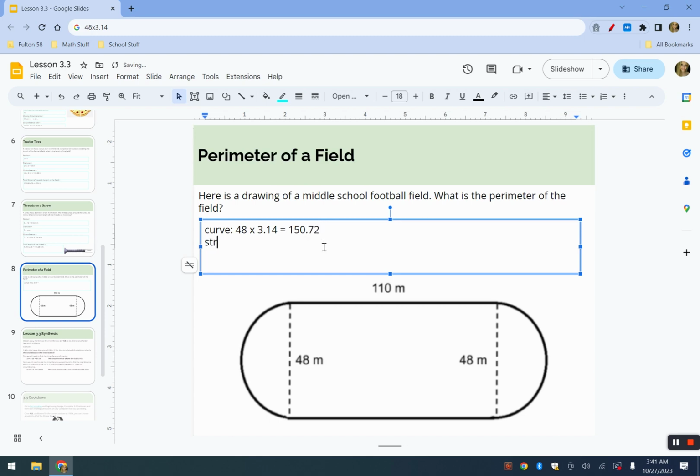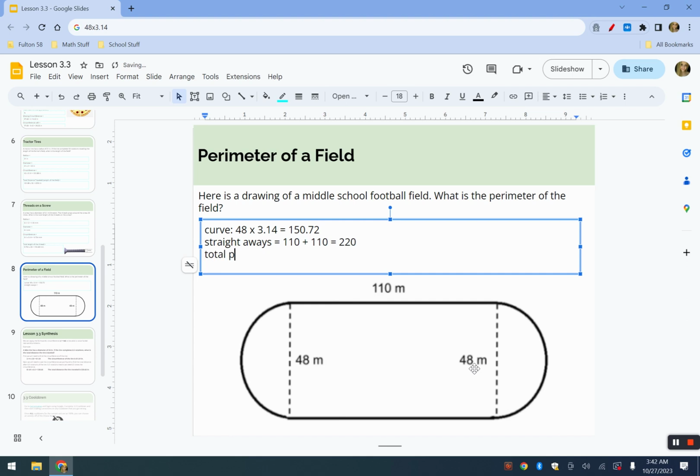Now we need to look at the straightaways. The straightaways both have a length of 110. So if we add those together, it would be 220.